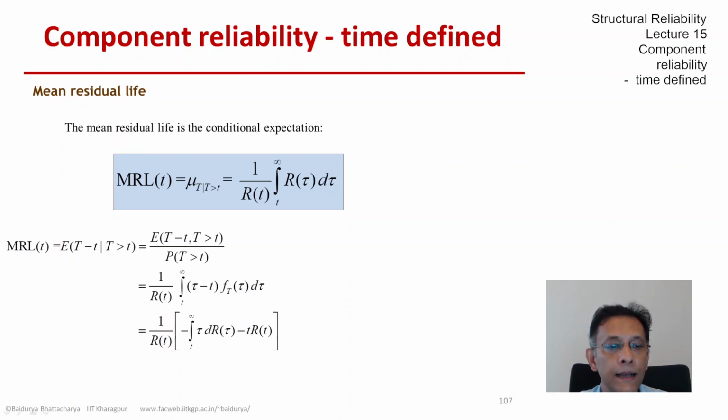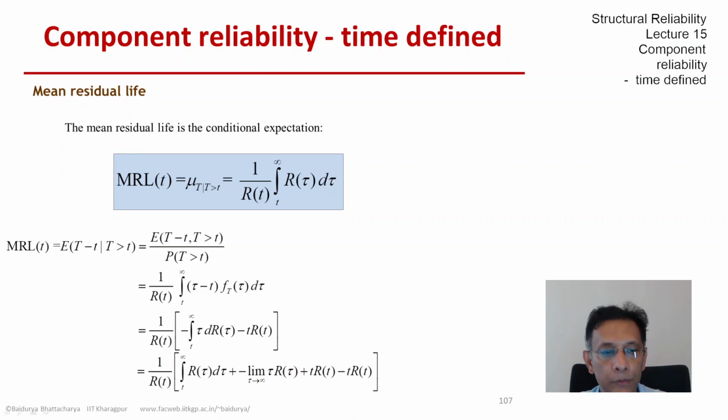Let's expand that. We can go through the algebra, and it comes out looking similar to what we have already seen in the case of the MTTF. Within the brackets we have the area under the reliability curve going from t to infinity, and then the limit of tau R(tau) as tau goes to infinity, and then t R(t) added and subtracted.